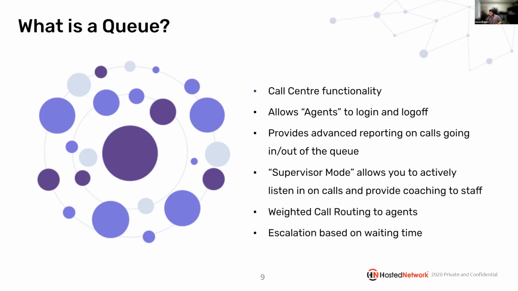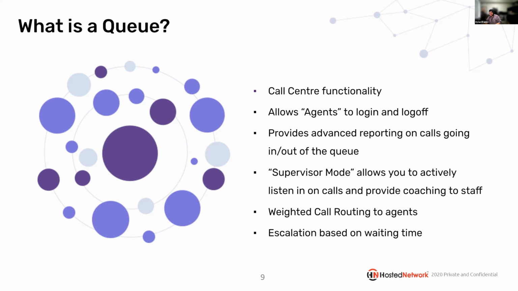It allows anyone who's marked as a supervisor to listen in on phone calls without either party knowing. So if you overhear that they're having issues on the phone call, you can dial a few key codes on the phone and listen in and see where the issue is. Maybe the customer's being unreasonable, something like that. You've got to have your extension added to the queue and marked as a supervisor to access that.